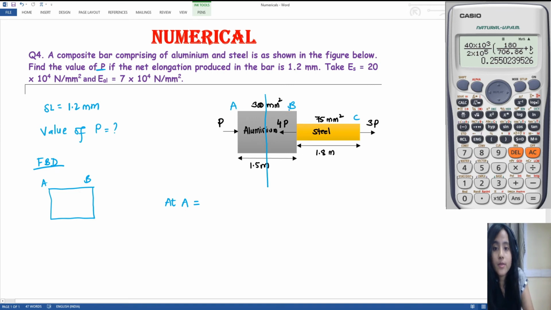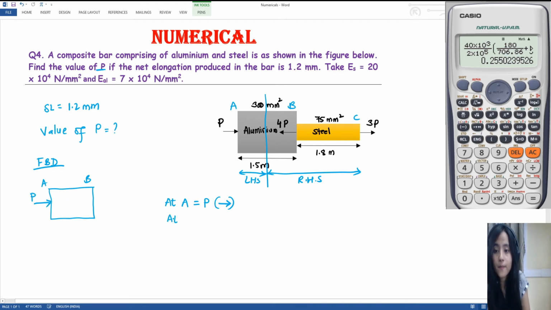This AB section, from here to here, will be the left hand side, and from here till here will be the right hand side of the AB section. So at A, I have only one force, P, and it is positive, going in the right hand side direction.